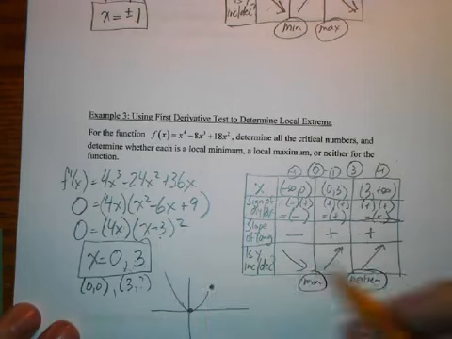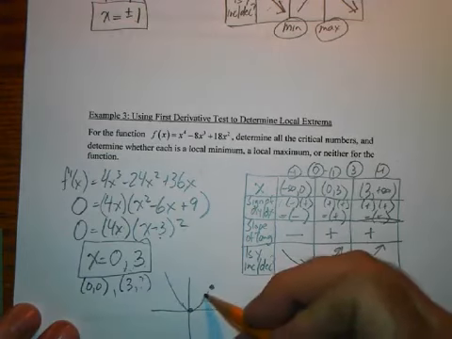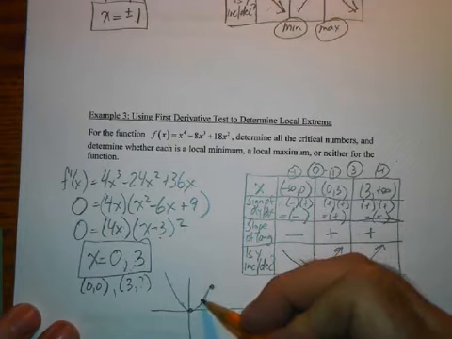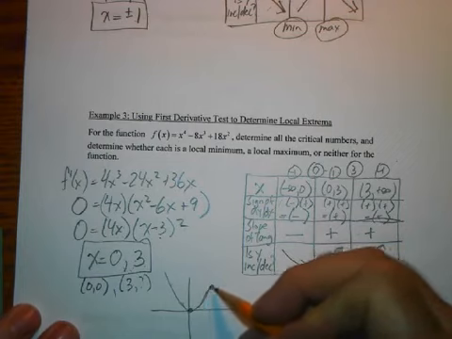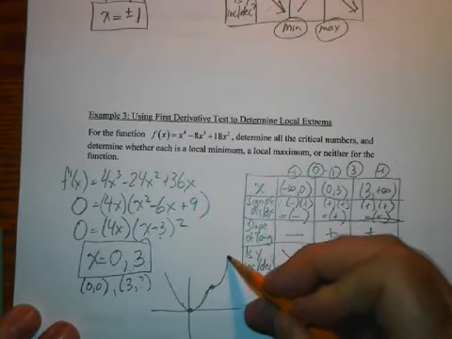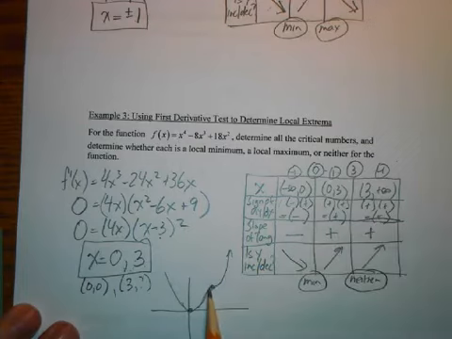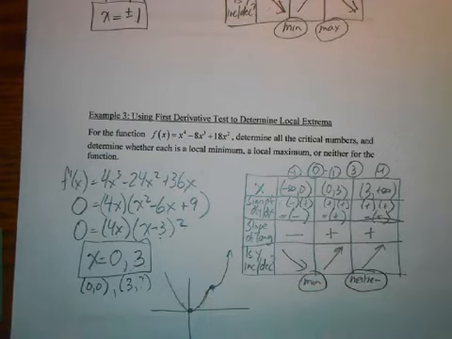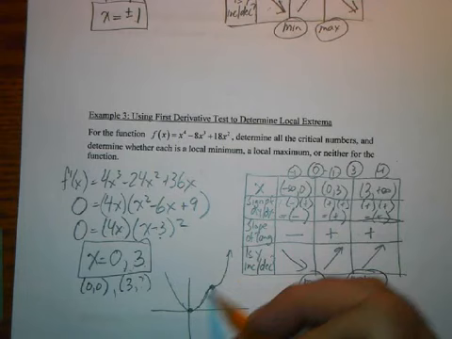Now, here's where it's interesting, because it doesn't go back down after this point. It does a little bit of a bend and then heads back up. And you see that with cubics all the time. It does a little wobble as it goes through.